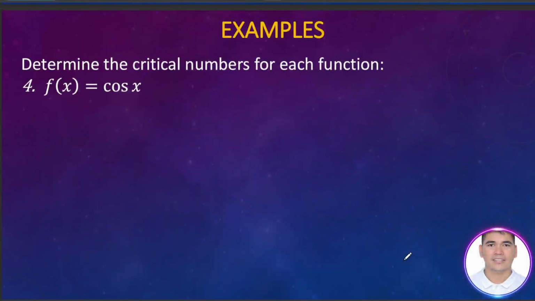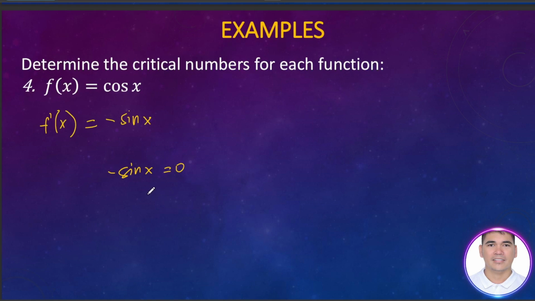The next, determine the critical numbers for f of x is equal to cosine x. So the derivative of this one is equal to negative sine x. Right? And equate natin sa 0, negative sine x equals 0.